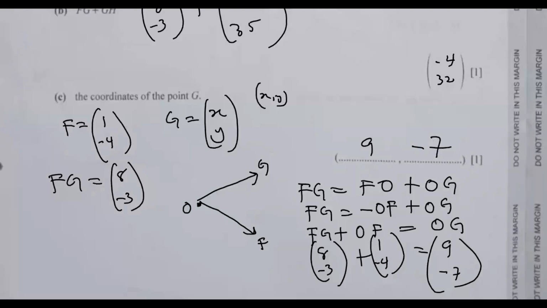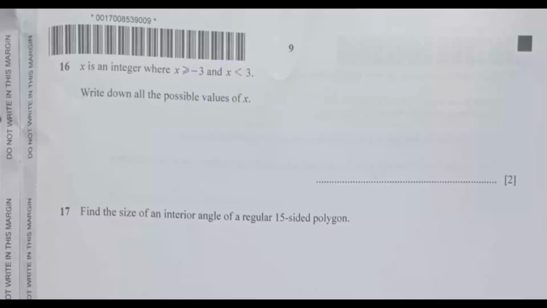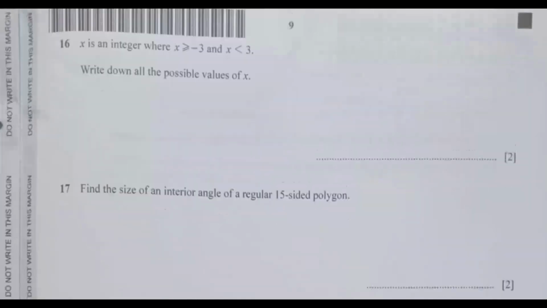So we need to go to the next one, and that will be question 16. So let's scroll down like this. X is an integer where x is greater than or equals to negative 3 and x is less than 3. So write down all the possible values of x.